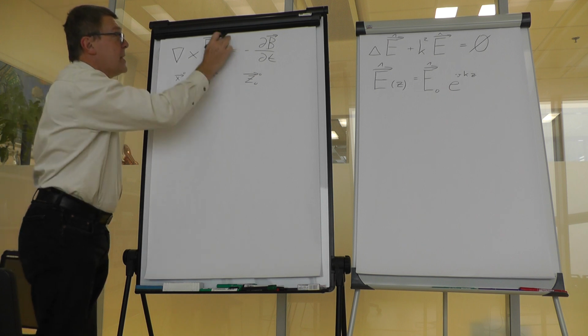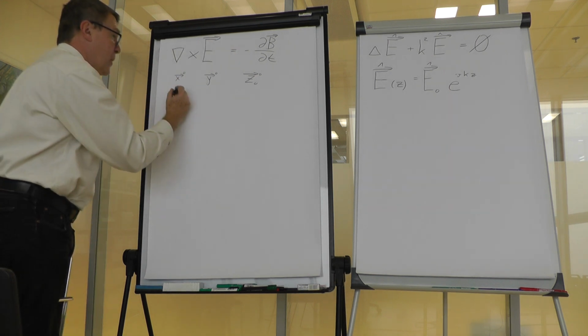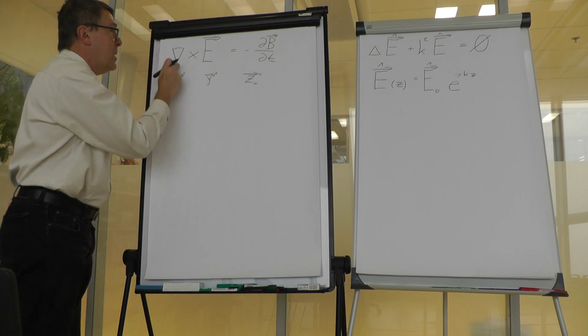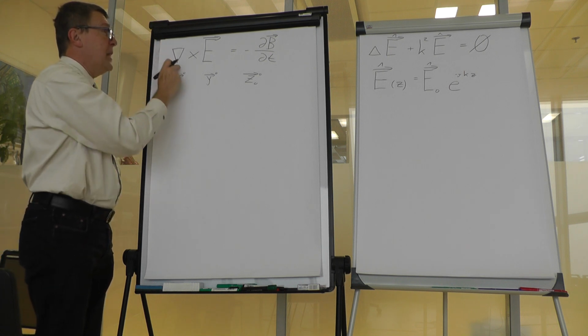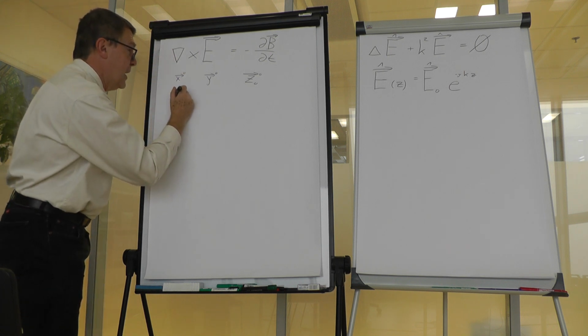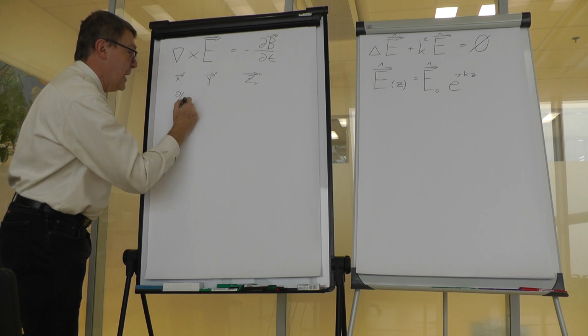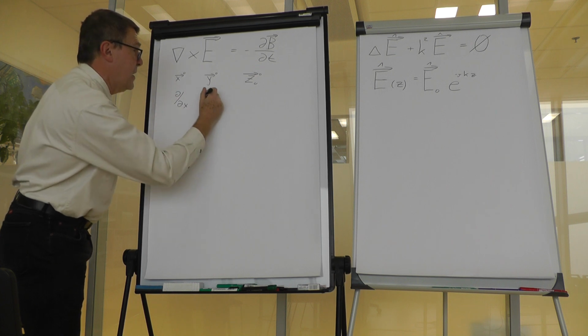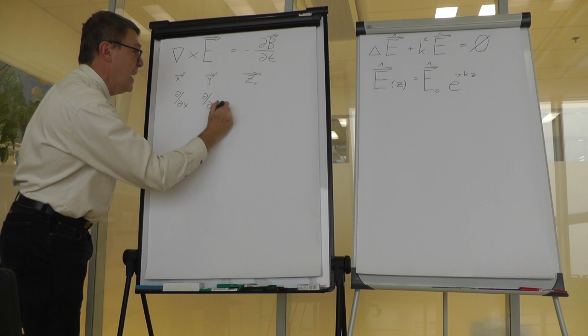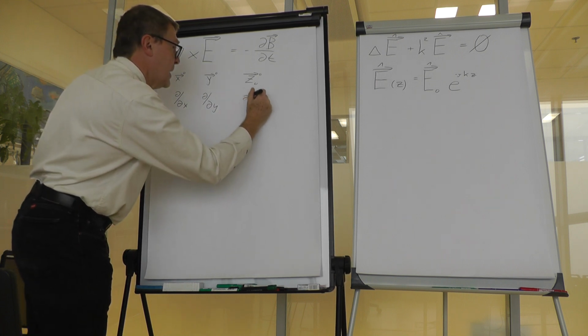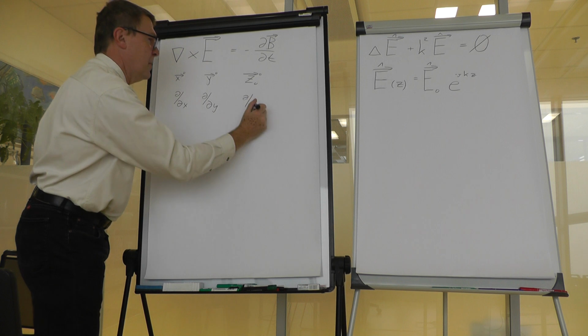Now, this means that we have in the first row the elements that we got out of the nabla operator, which is the first derivative against x, the first derivative against y, and the first derivative against z.